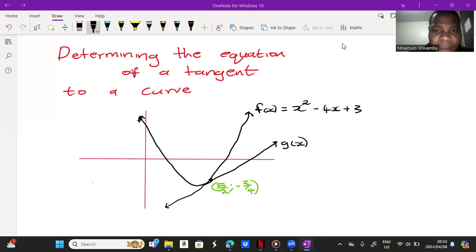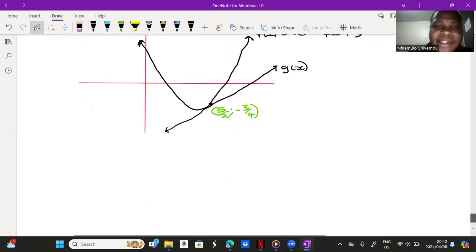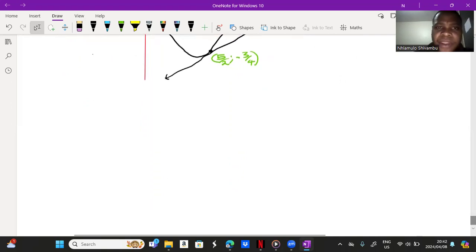So before I determine this equation, I would like to indicate that each and every student must know that the derivative of a function means the gradient of that particular function at any x value. So I need you to know this. So it's an NB here.